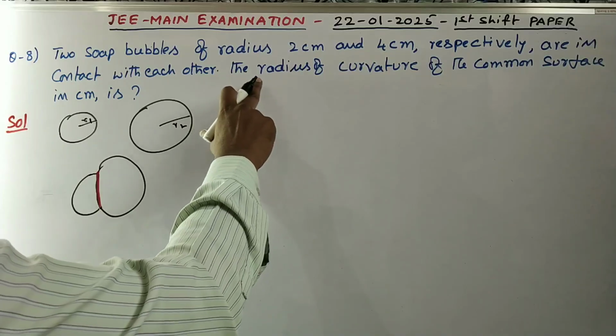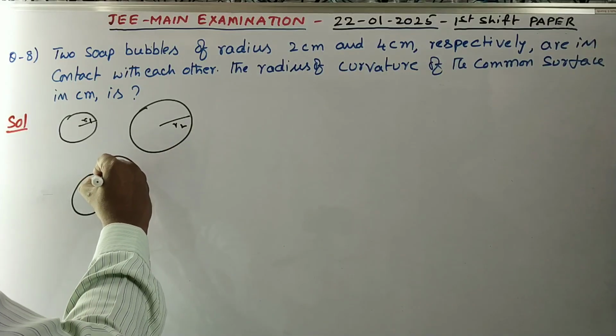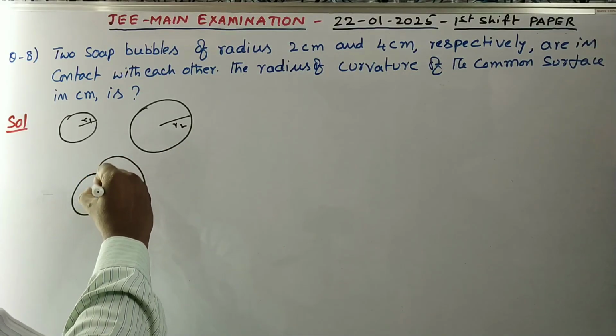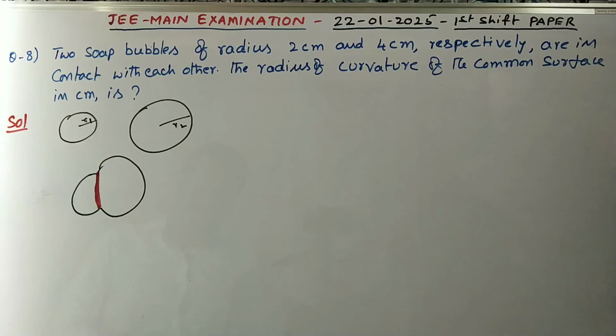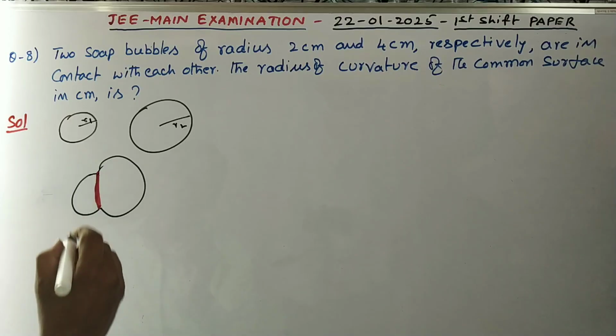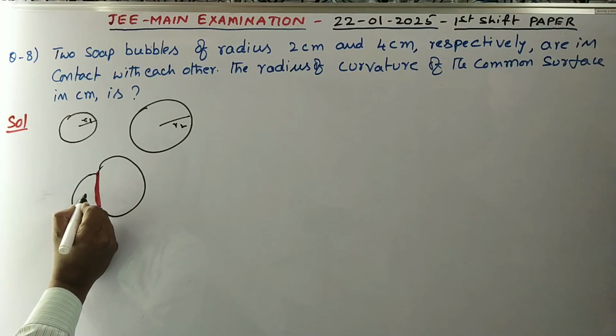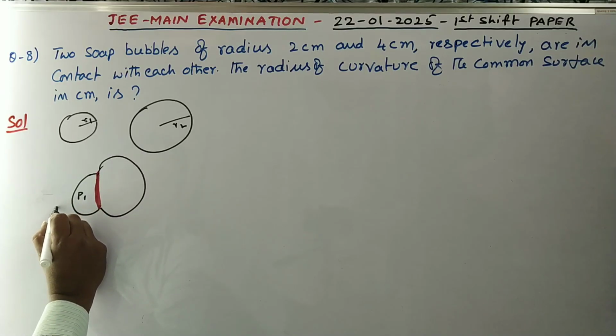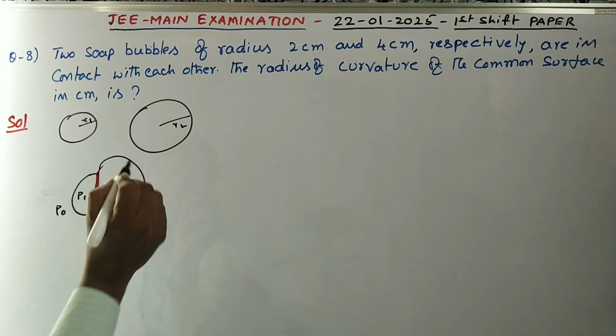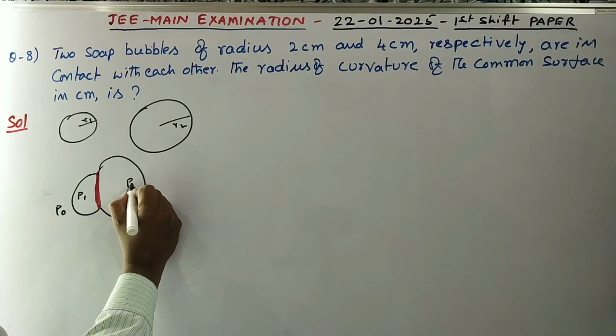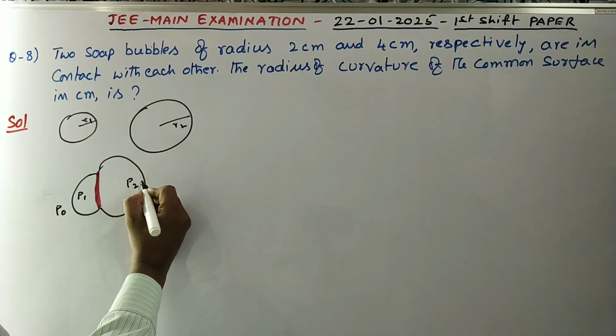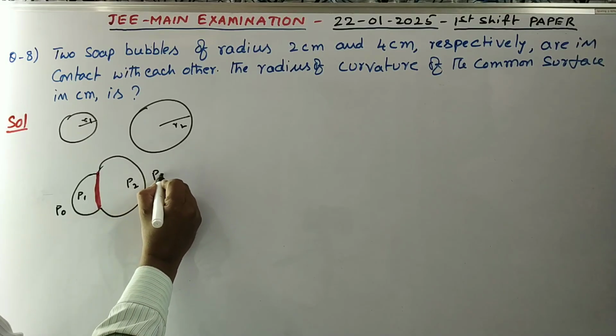The question asks for the radius of curvature of this common surface. You know one thing. This is the first soap bubble. Its radius is R1. So what is the pressure inside it? Say P1. What is the pressure outside? Say P0. Similarly, the pressure in the bigger soap bubble, say P2. Outside pressure is P0.